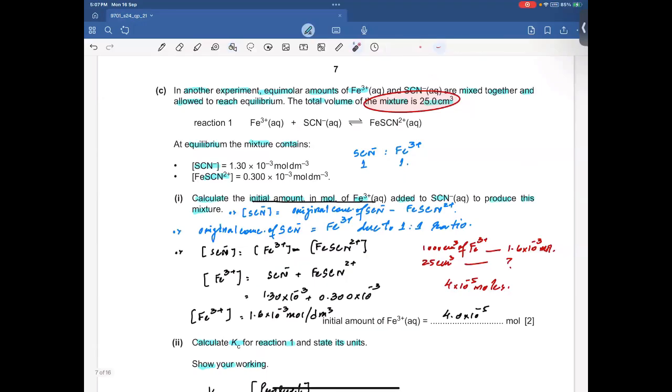We have two reactants, all right, and both exist in 1:1 ratio. So both of them have the same concentration, that is 1.3 into 10 to the power minus 3 mole per dm3.